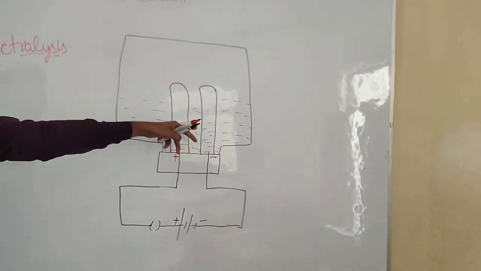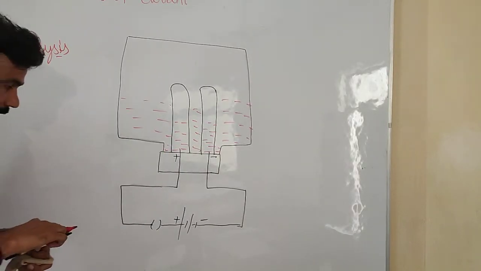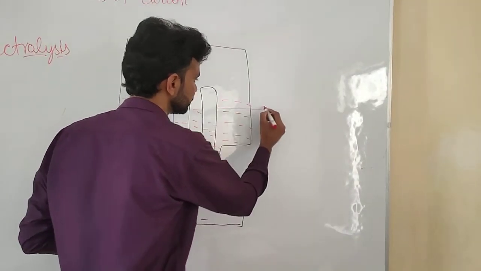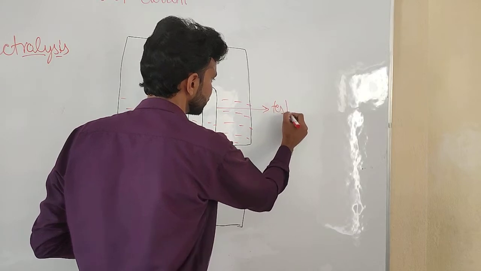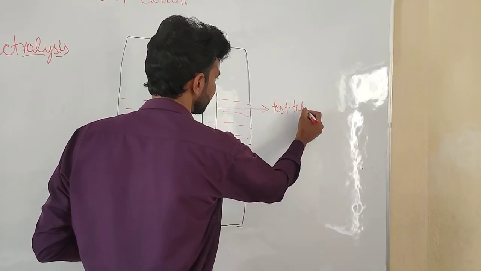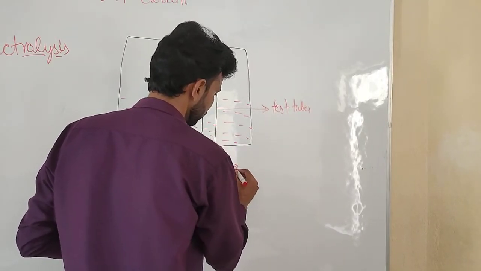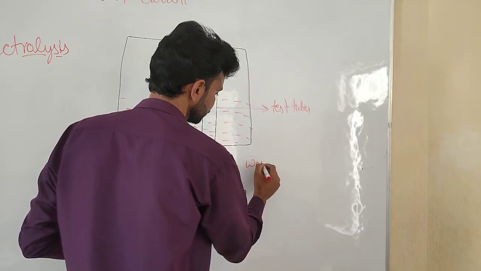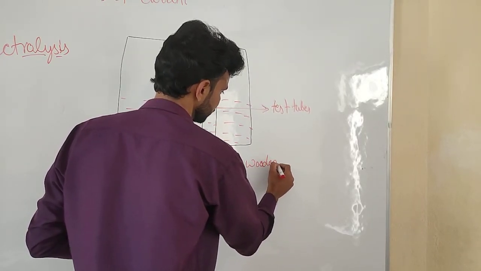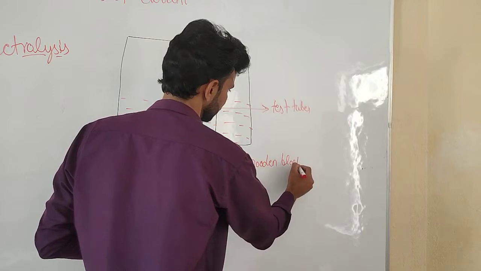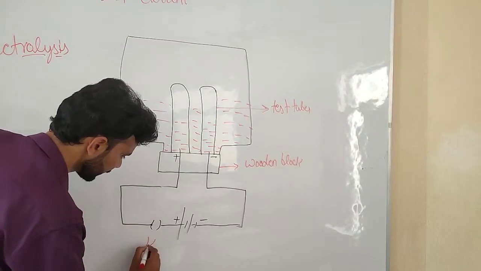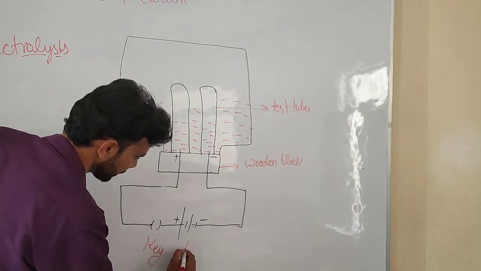In this we have two inverted test tubes. These are test tubes. Wooden block. Key. Battery.